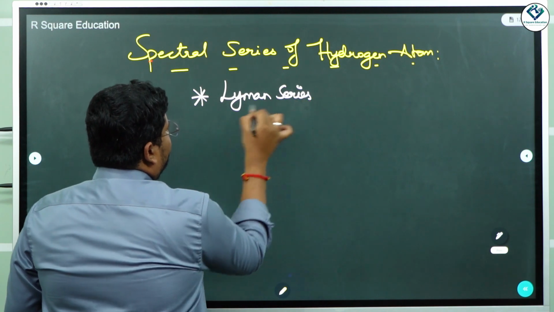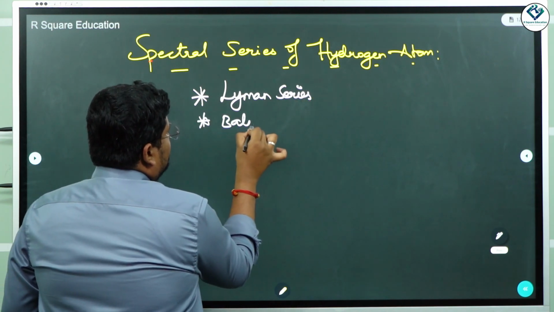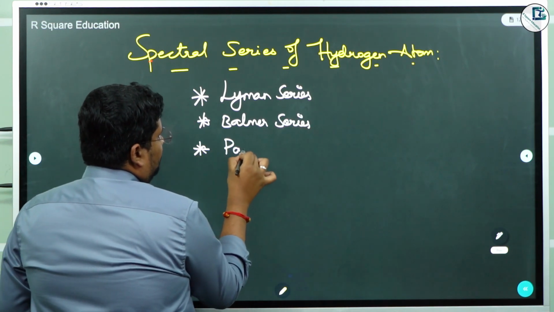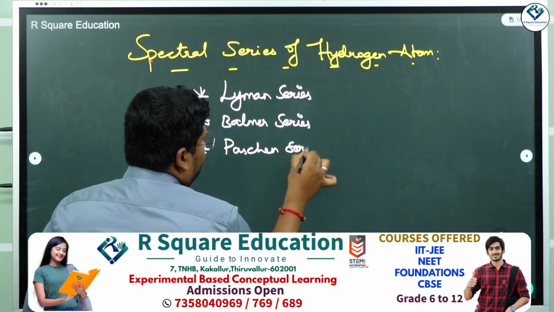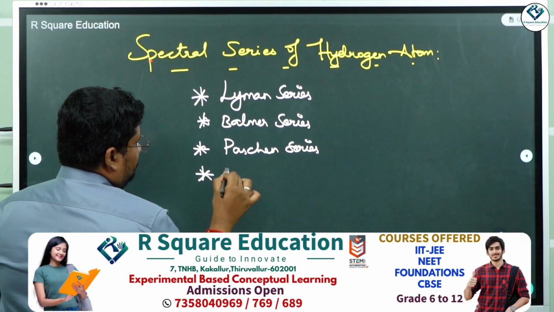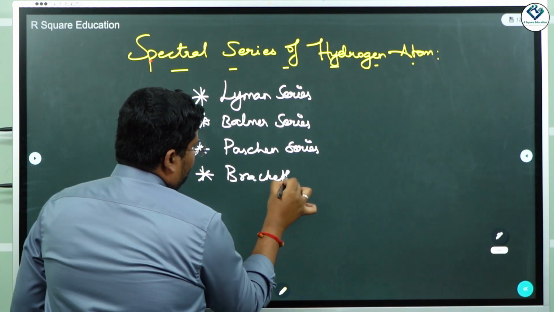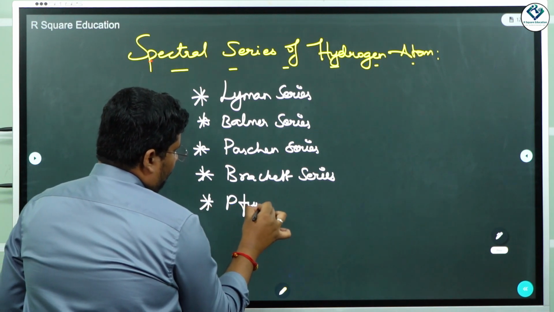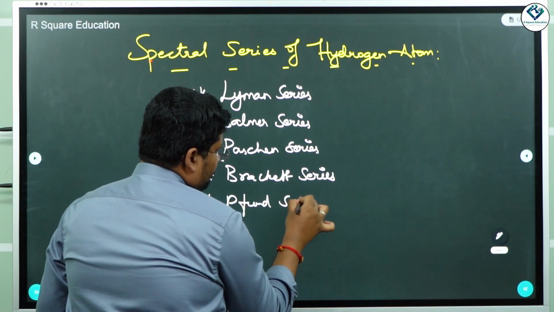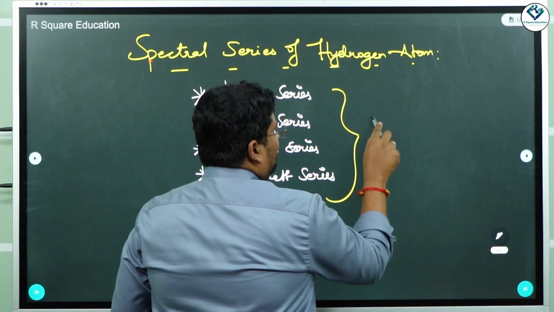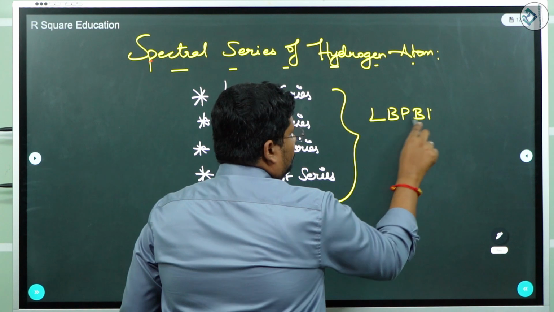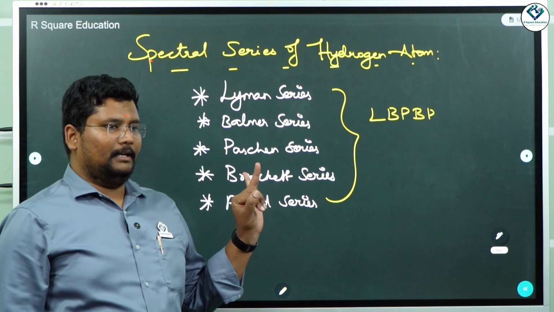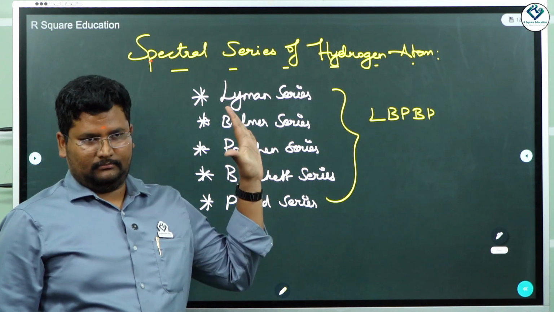Lyman series, Balmer series, Paschen series, Brackett series, Pfund series. To remember this, what I do is LBPBP: Lyman, Balmer, Paschen, Brackett, Pfund.